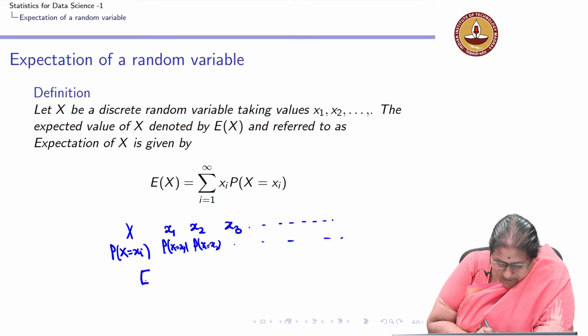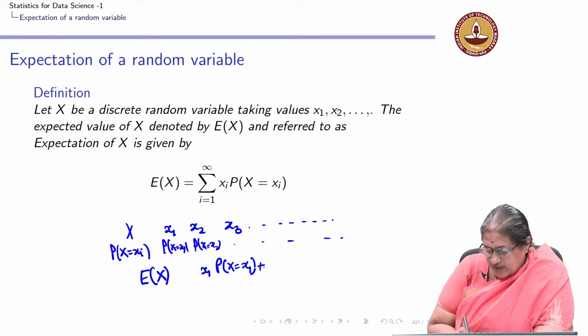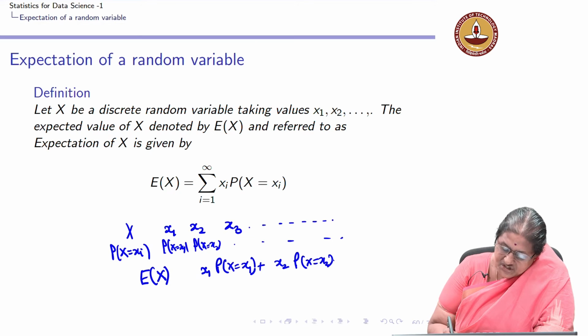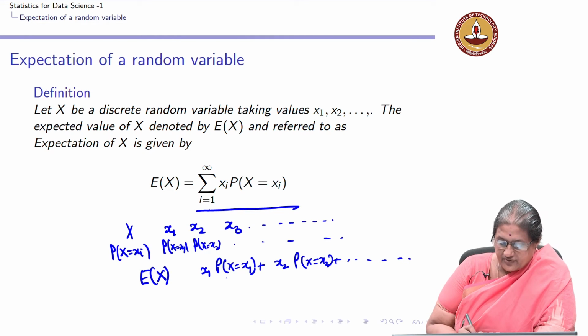Then the expectation of the random variable is x1 into probability x takes the value x1 plus x2 into probability x takes the value x2 and so forth, which can be abbreviated as summation i going from 1 to infinity of xi times probability x equal to xi.